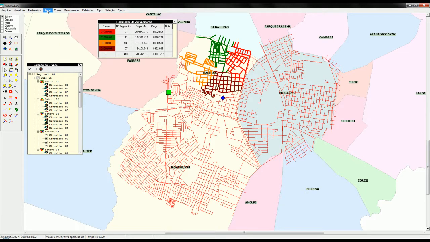After we localize the landfill and the garage, and know each truck's coverage area, we're going to calculate a route. The routes were made considering the garage as the origin of the collection, and a disposal place, which can be a transfer station or a landfill, as the final destination.